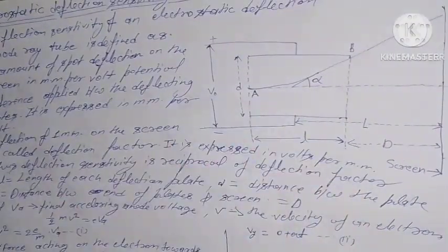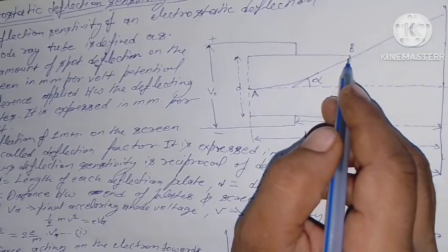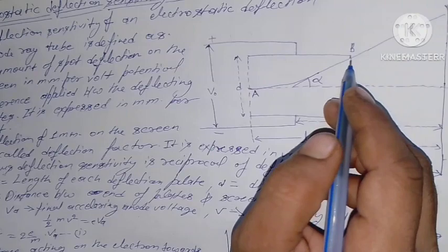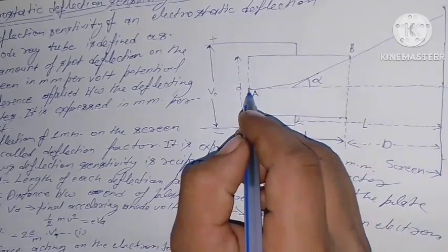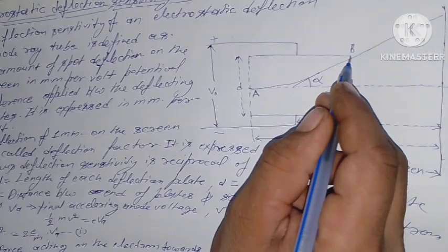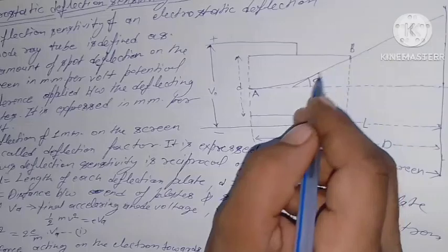This is B. The electron enters the deflecting system at A and leaves at B. The path of the electron between A and B is curved.